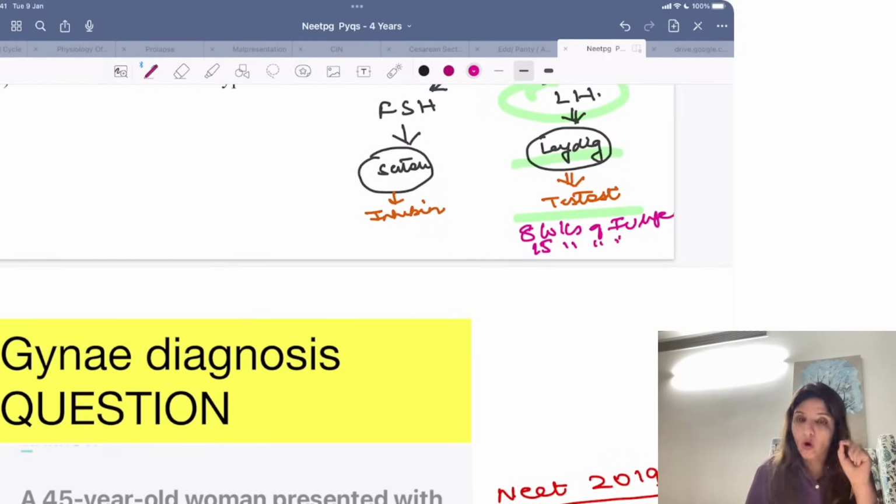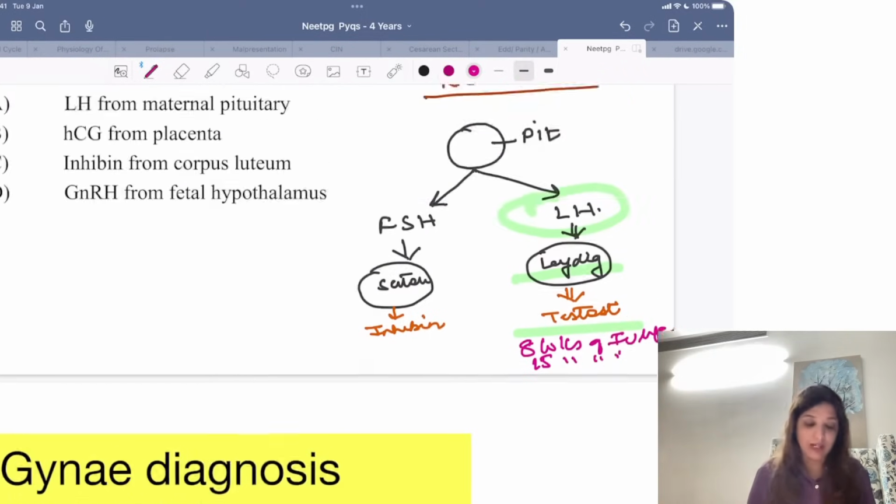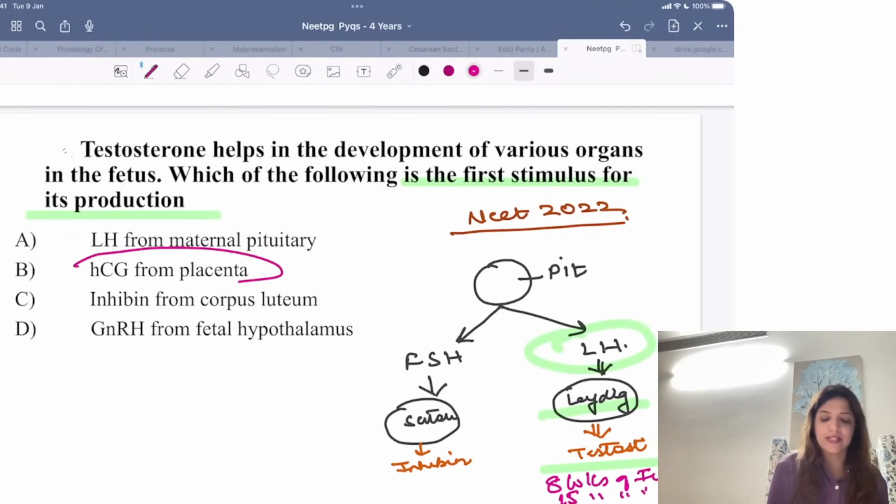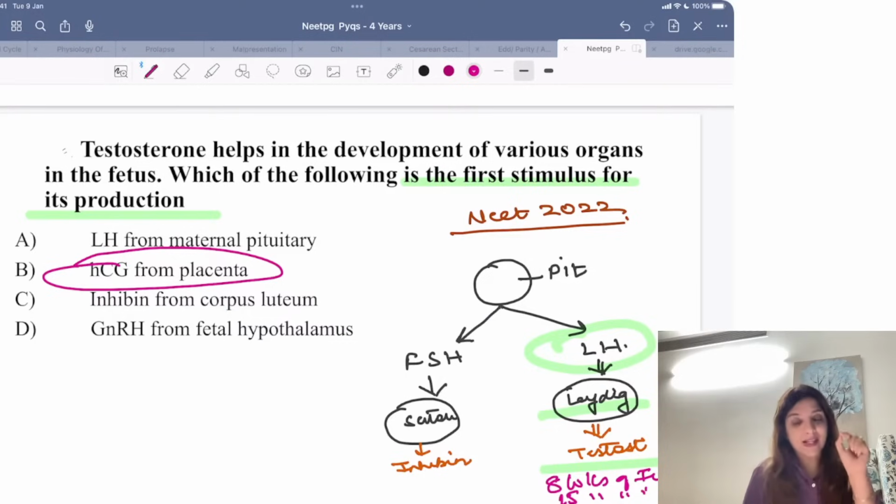Although LH is the hormone secreted by the pituitary, and it acts on the Leydig cells to produce testosterone, the first stimulus is not LH. First stimulus is HCG. It is HCG which acts on the testes to produce testosterone, and that is why we say LH and HCG are functionally the same.